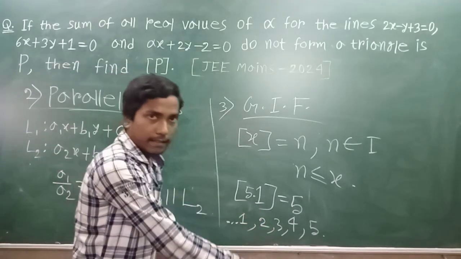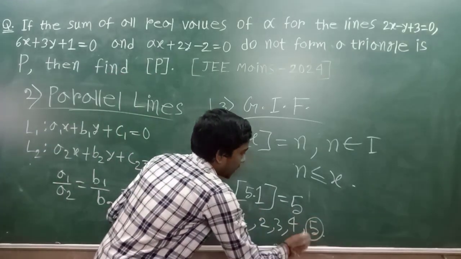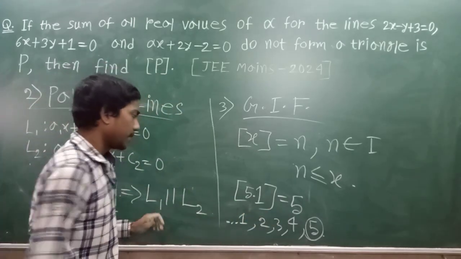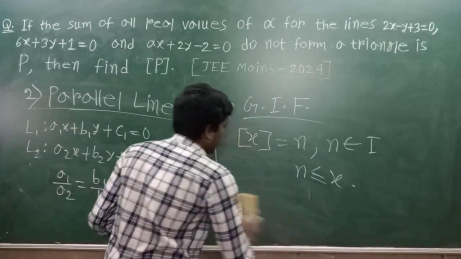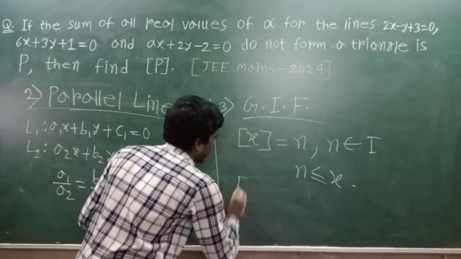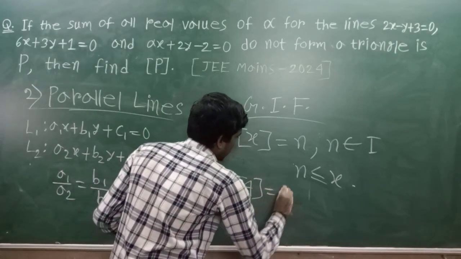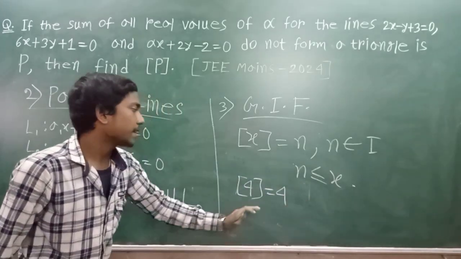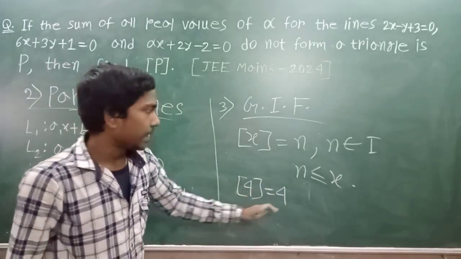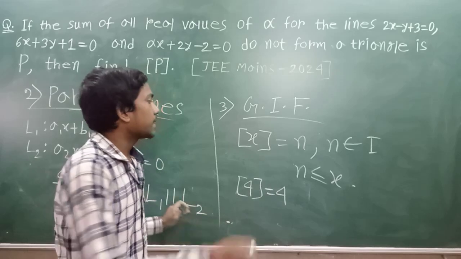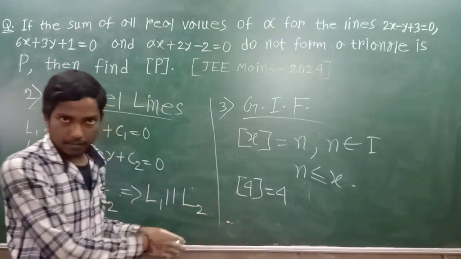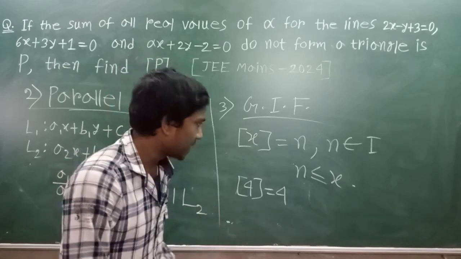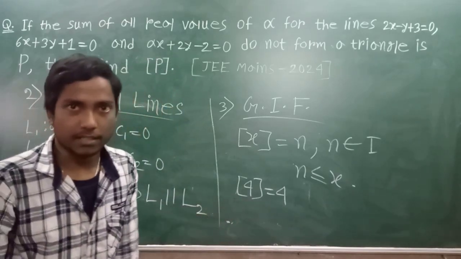But among all these integers, the greatest integer is 5. Now, if we take box 4, then it will give us 4. Since n is less than or equal to x, if we take any integer inside the box, it will give us that integer. But if we take any fraction inside the box, it will give us the greatest integer which is less than that fraction.